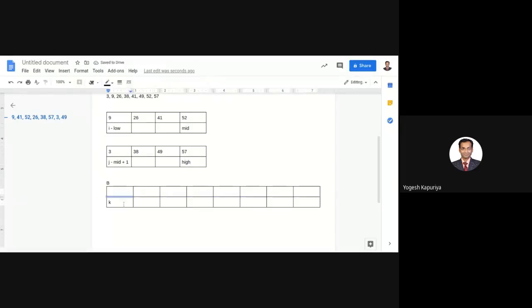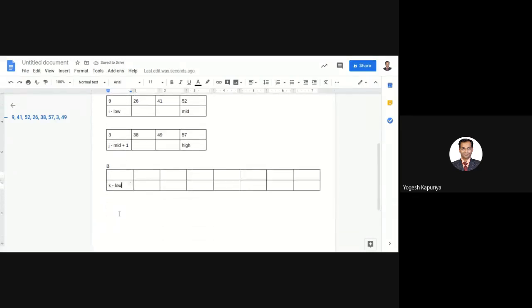So let us try to understand how you start. When writing the algorithm, you first make I equal to low, J equal to mid plus 1, and K equal to low.